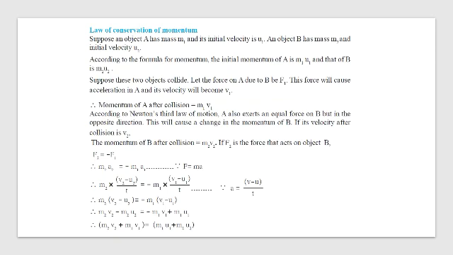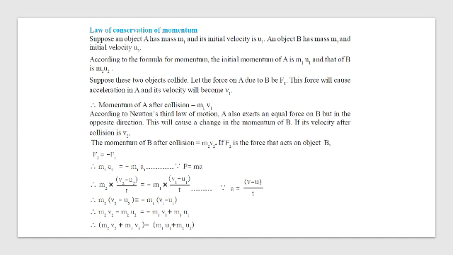Now acceleration is (v2 minus u2) upon t, and here it will be (v1 minus u1) upon t. t is common on both sides, so you can cancel it out. What remains is m2 (v2 minus u2) equals minus m1 (v1 minus u1). Open the bracket. m2 v2 minus m2 u2 equals minus m1 v1, minus into minus is plus m1 u1.